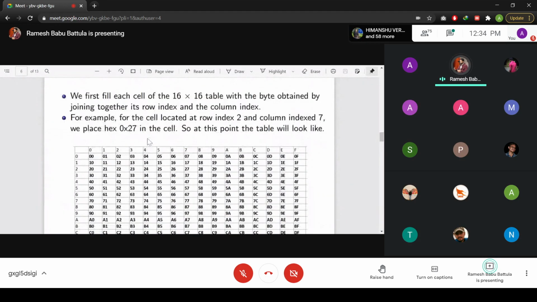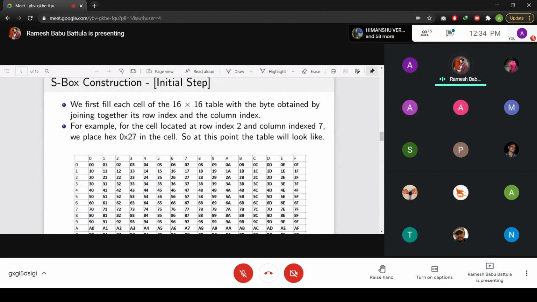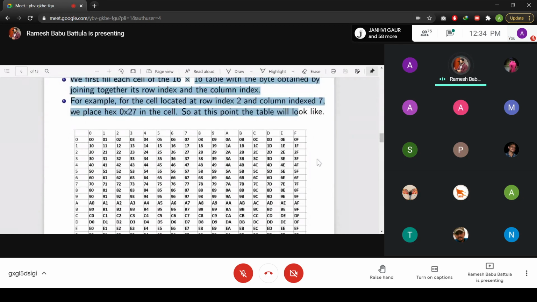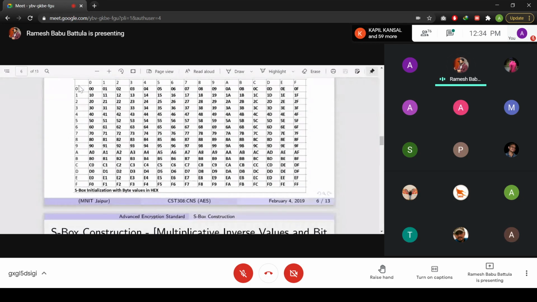In the SBox construction, we filled this one. We know the column index is 0, 1, 2, 3, 4, 5, up to E and F. And here also the row index is 0 to F. Finally we indexed like this. We filled the 16 by 16 lookup table like this. How we filled 0 0, 0 1 and so on.